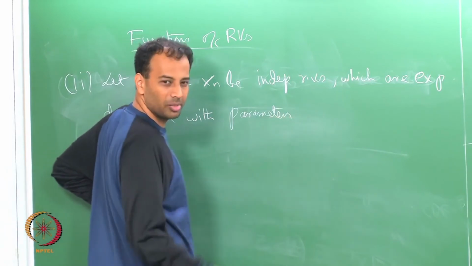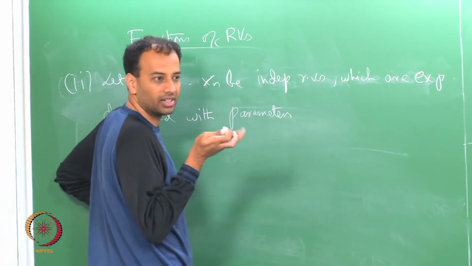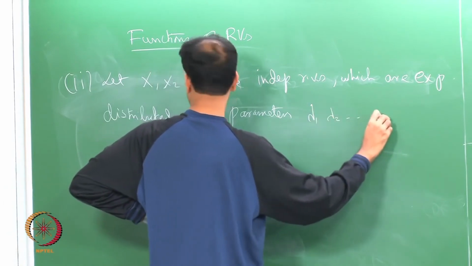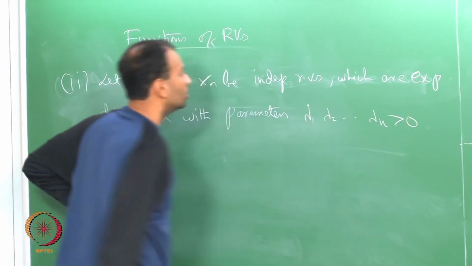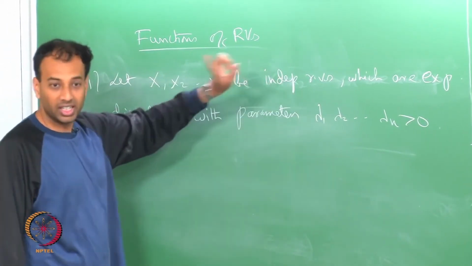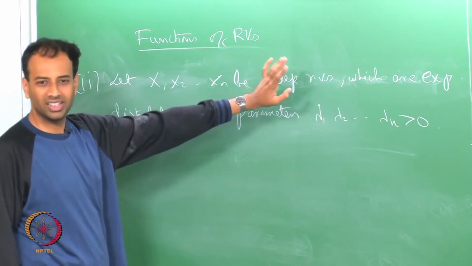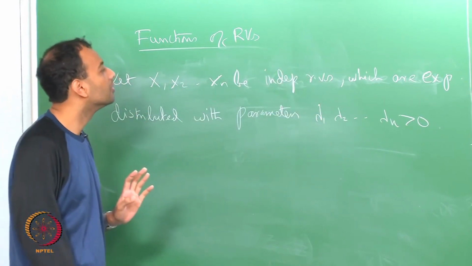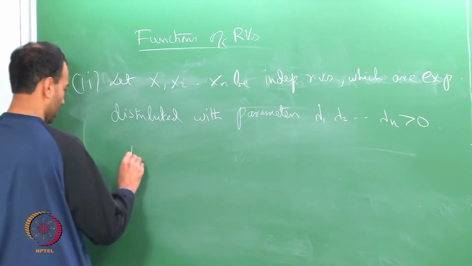So, an exponential is defined by one positive parameter lambda, right. I am going to give you the parameters lambda 1, lambda 2, dot dot dot, lambda n greater than 0. So, these are independent exponential random variables, but they are not identically distributed, they have different parameters.